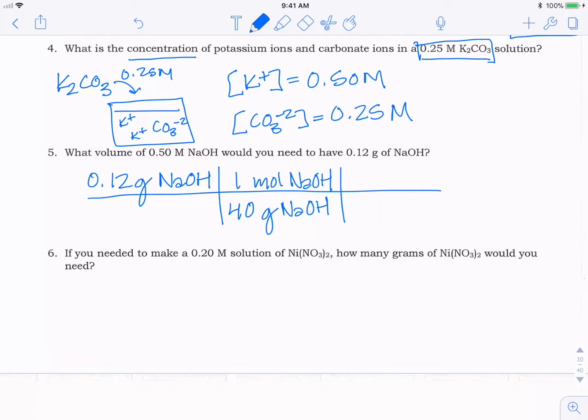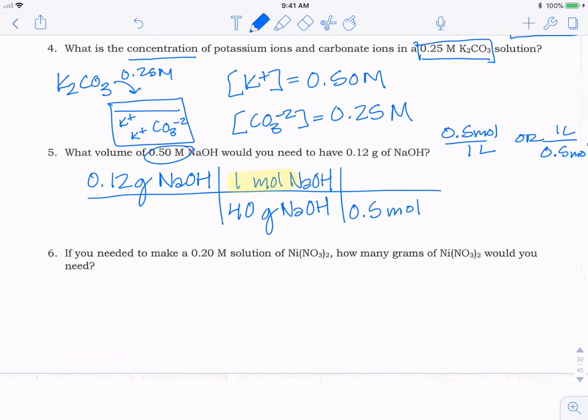Okay, what volume? All right, so this is a little tricky again. We have 0.5 moles per liter. That's what that means. So you have to interpret that and how you're going to use that. Or 1 liter is 0.5 moles. All right, here's the scoop. You have moles in the top here. So you have to divide by moles in the bottom. How many moles do you have? 0.5.